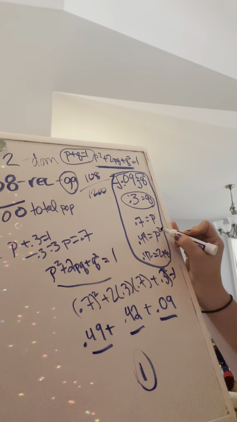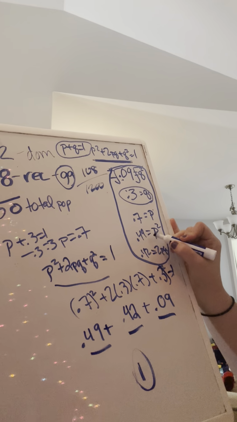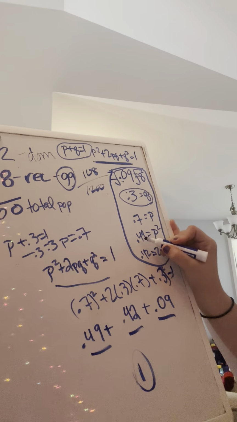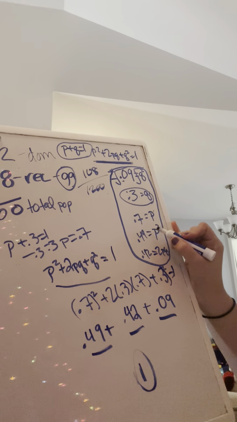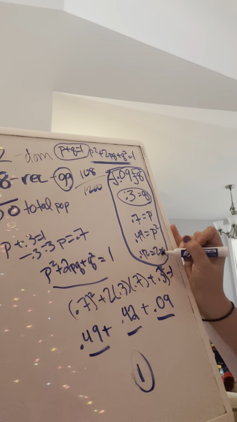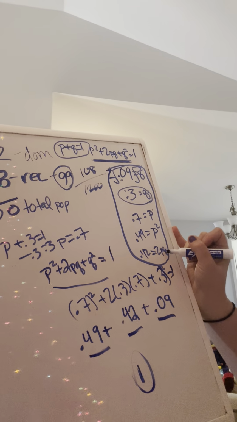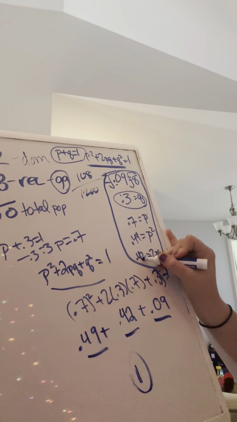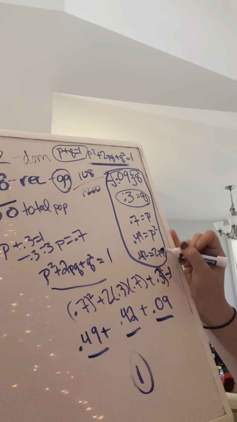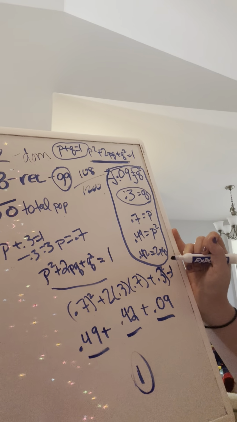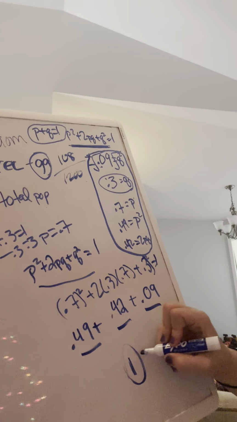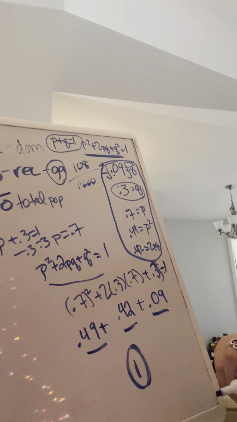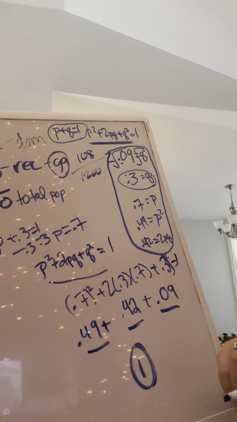The frequency of P squared, which is homozygous dominant, is 0.49. So almost half the time they're homozygous dominant. And 2PQ, which is heterozygous, the frequency is 0.42. So almost the entire other half of the time, when they're showing dominant, they're going to be heterozygous, okay? All right. Everybody with me on that?